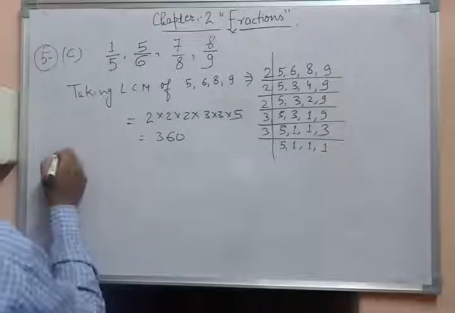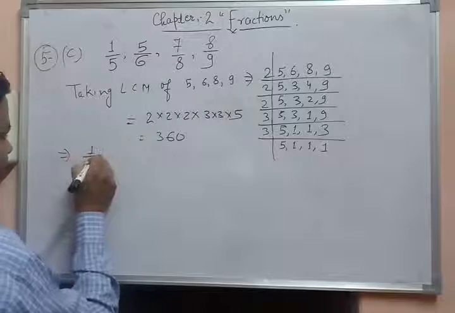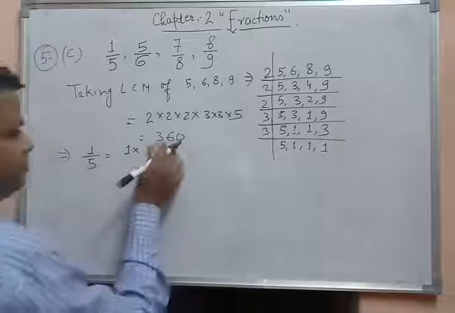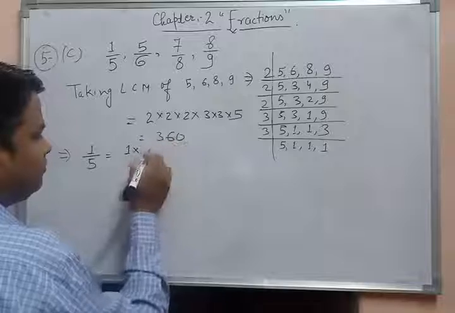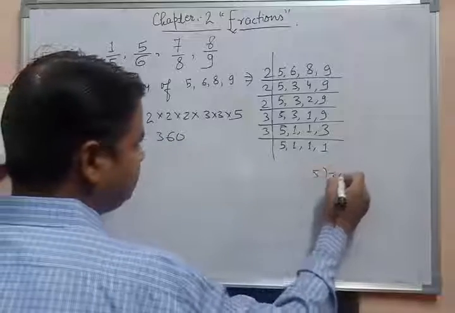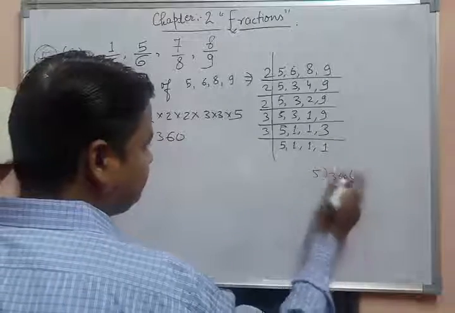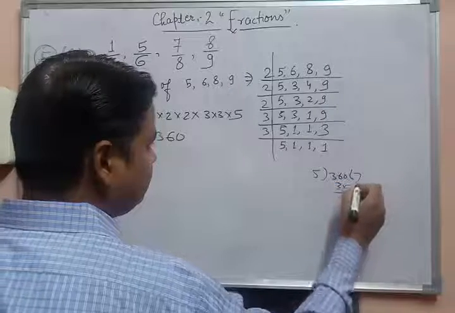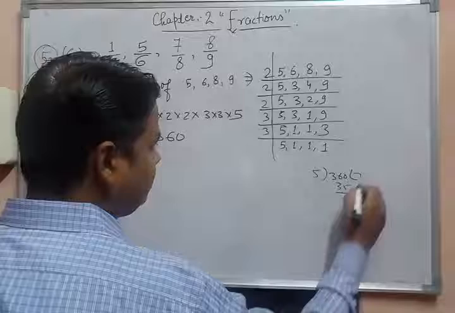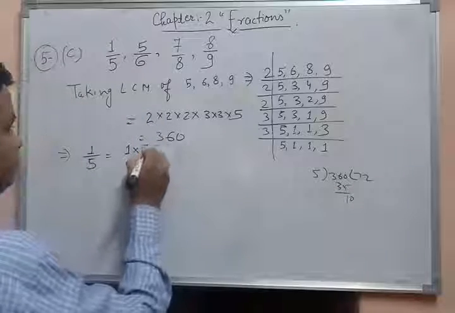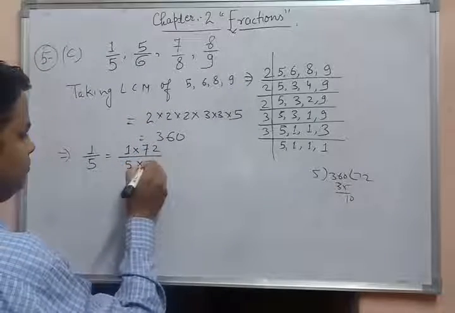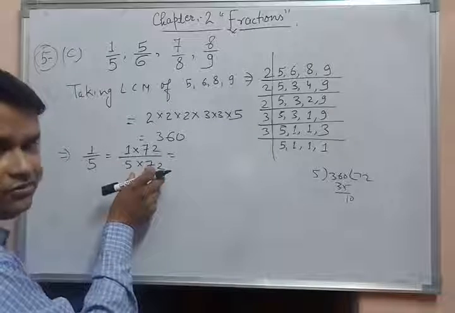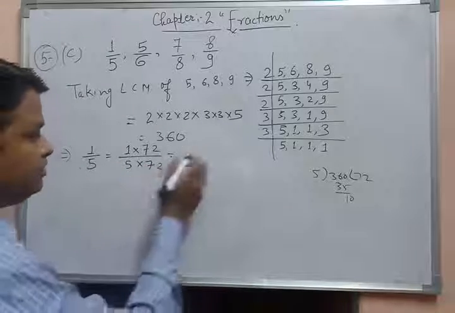Okay students, now 1 upon 5 can be written as 1 into 72 upon 5 into 72. You divide 360 by 5 and get 72. If you multiply 5 by 72, then we will get the denominator 360.